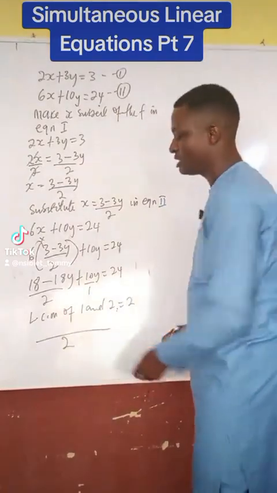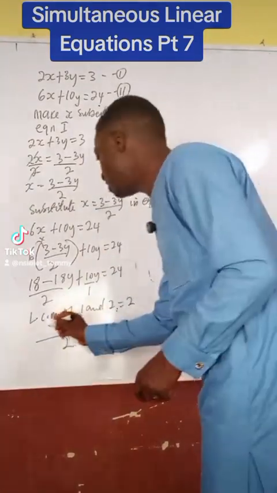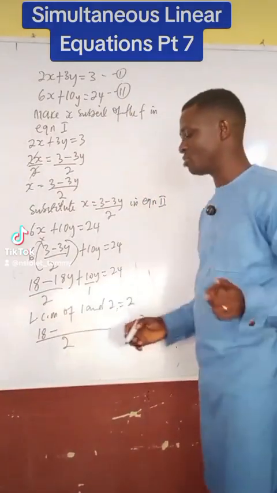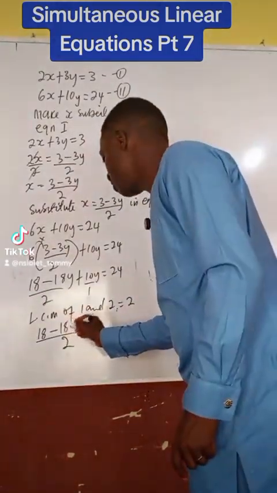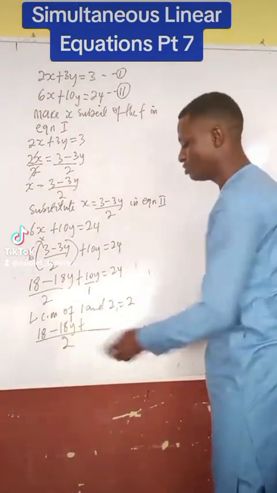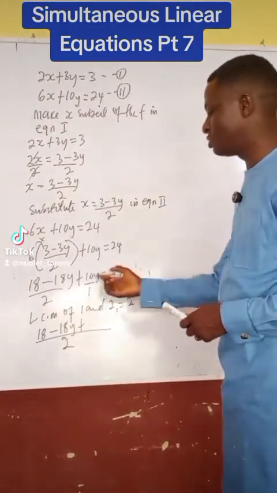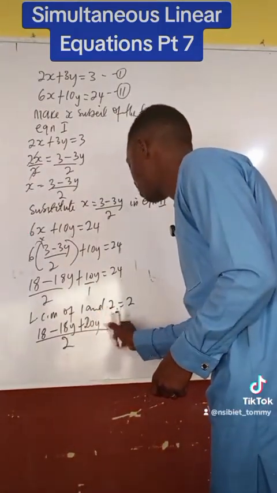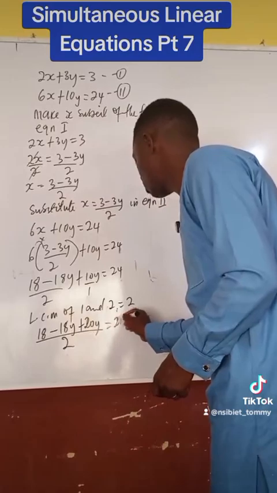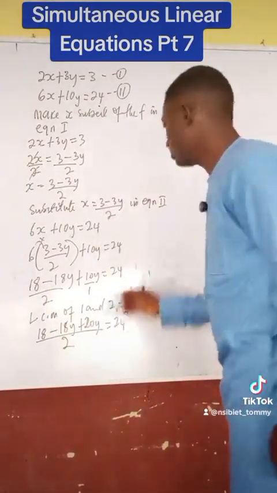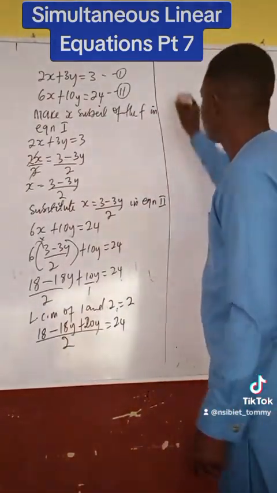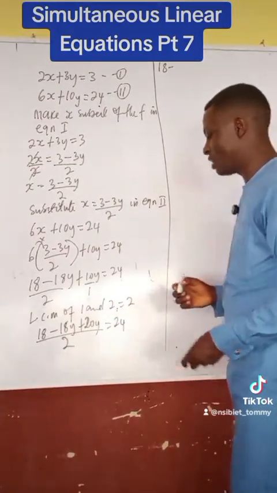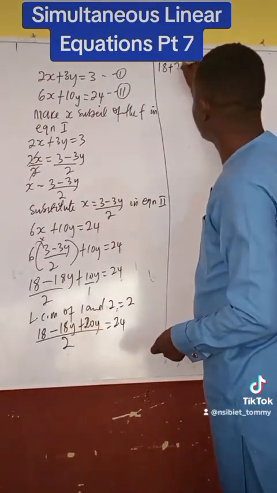2 goes into itself how many times? 1. 1 times 18 is 18. Minus, 2 goes into itself 1 time, 1 times 18y gives us 18y. Plus, 1 goes into 2 two times, and 2 times 10y is 20y, equals 24. So we solve this. 18 minus 18y plus 20y will give us plus 2y.